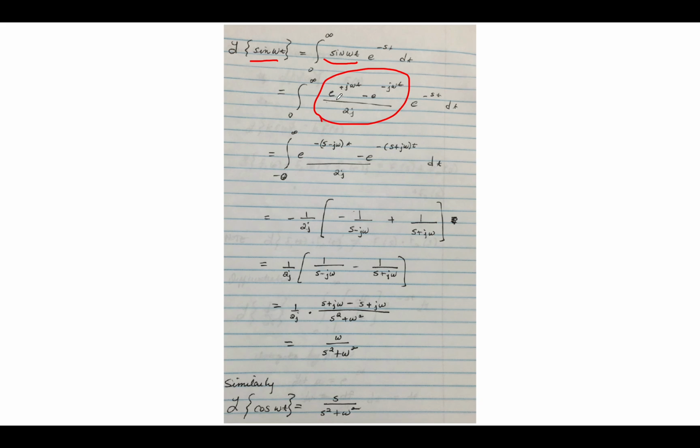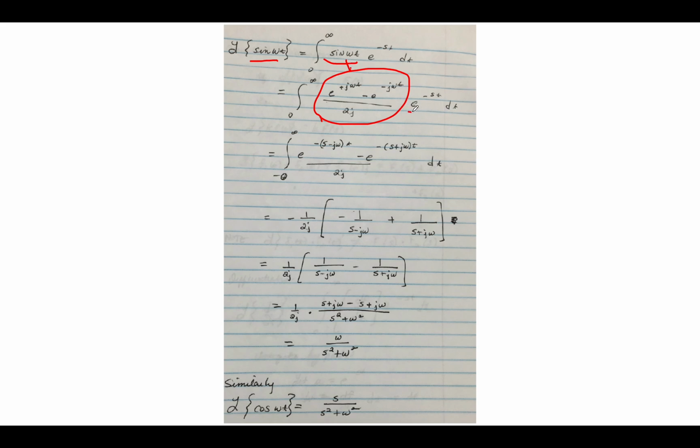So here for the sine, we have e to the j omega t minus e to the minus j omega t divided by 2j. This is the substitution that we use for the sine function, and the reason is it's significantly easier to integrate.